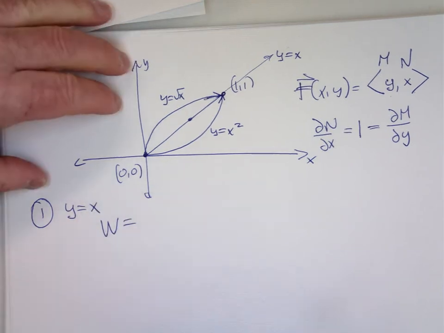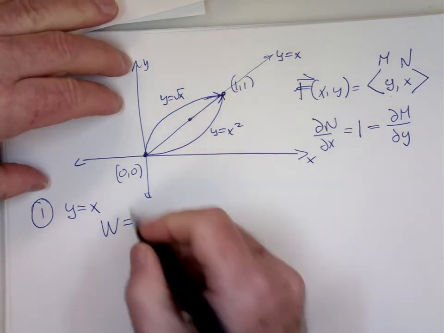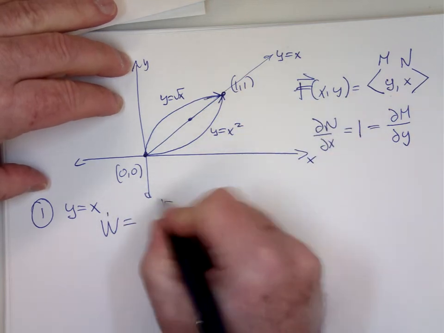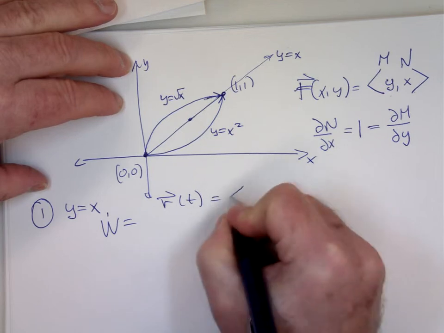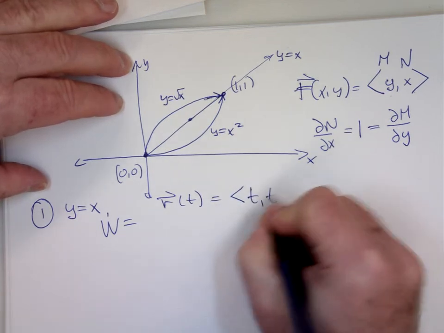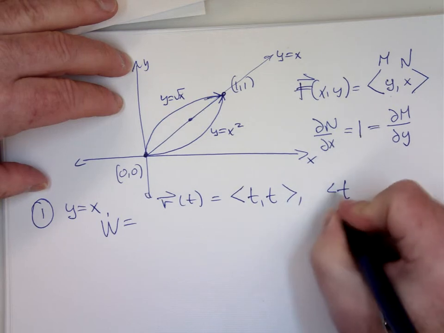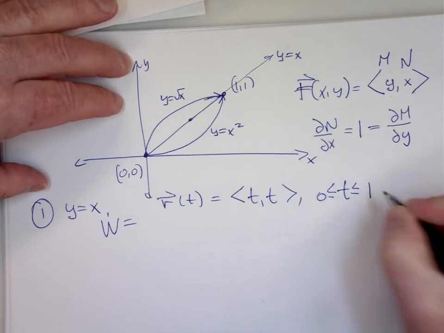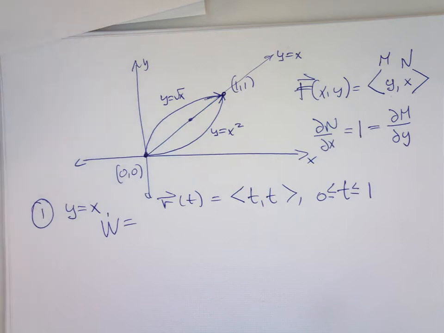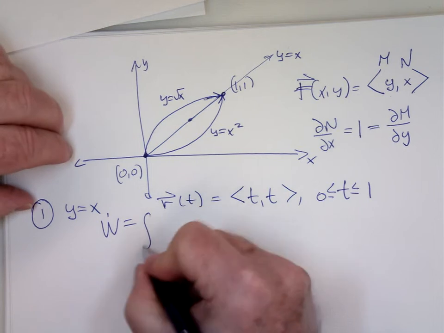Can somebody give me a parameterization of that path? R of t equals t, t. T goes from 0 to 1. Let's do it. All right, we'll take that path. Let's take a look. The work done is the integral from 0 to 1.